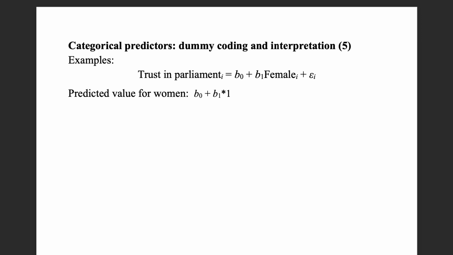So we are multiplying the coefficient by 1. What would be the predicted value for men? Well, again, it would be B0, our constant in the regression equation, plus, again, that same regression coefficient for the female dummy multiplied by 0, because we gave all the people that indicated male on the questionnaire the value 0. In other words, it works out to just 0. So the predicted value for men in this case is simply the constant.